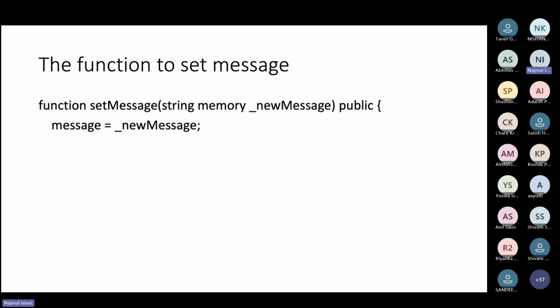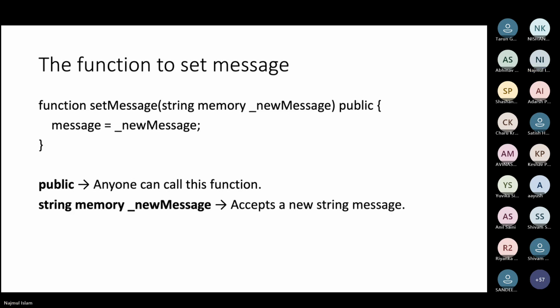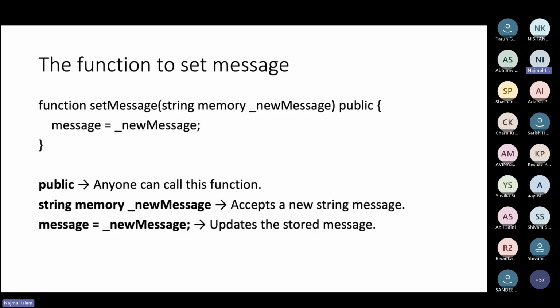New message is a variable. So again, the function is public, means anyone can call this function, and then it accepts a new string as message and updates the stored message based on the user's input. Okay.